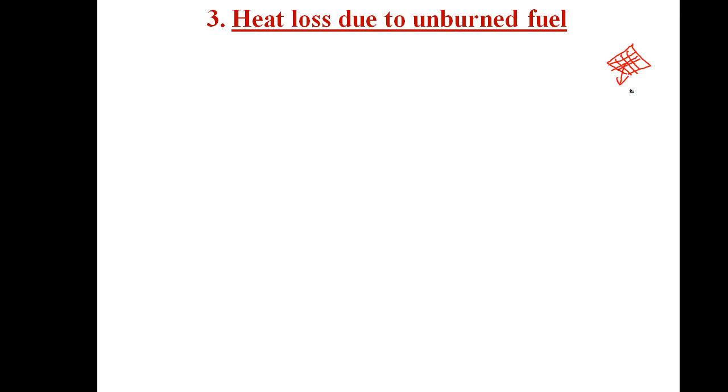This mass of fuel which falls into the ash pit without combustion does not liberate heat energy. So if we know the quantity of fuel which falls into the ash pit without burning, we can find the amount of heat loss due to unburned fuel.